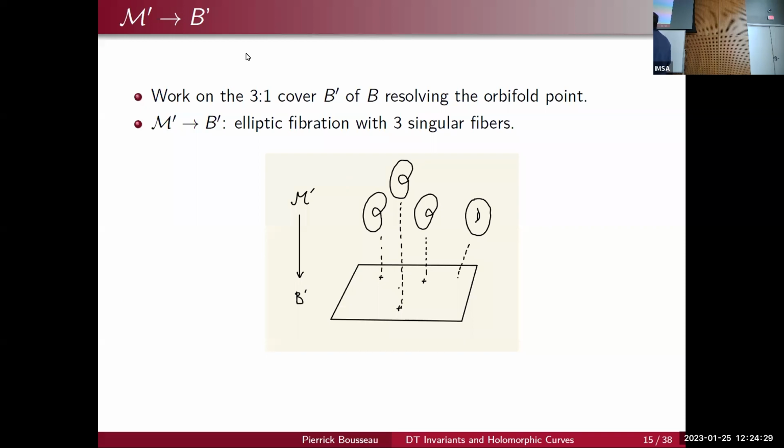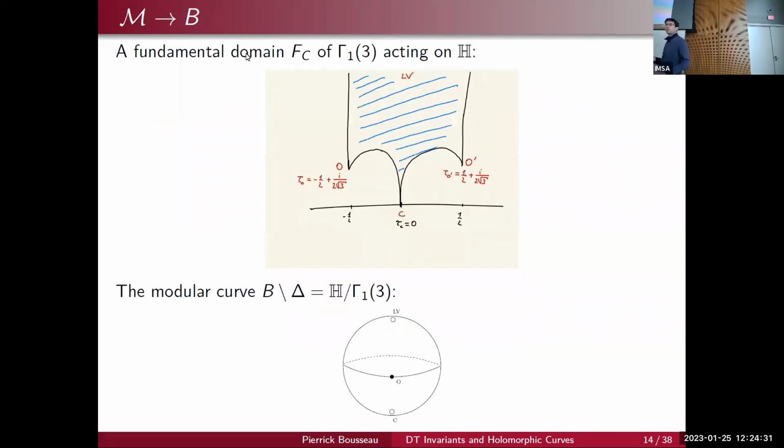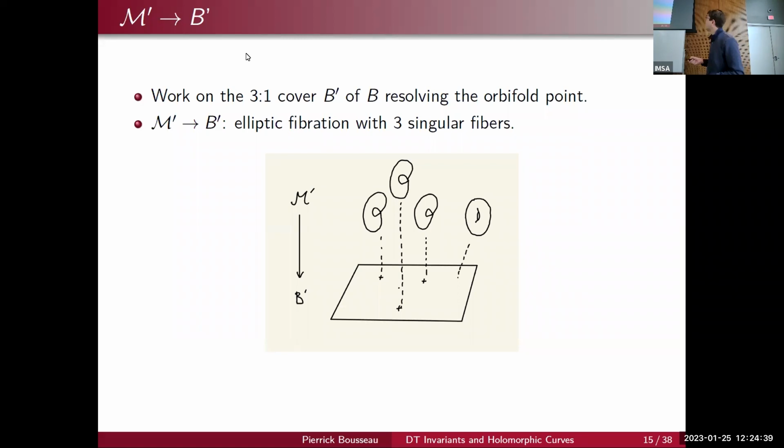And actually, just to get rid of the orbifold point, it will be technically easier to work on just a 3-to-1 cover of this picture where you resolve the orbifold point. So we denote by B' the 3-to-1 cover. B' as a complex manifold is just a copy of the complex plane, and there are three conical points on it.